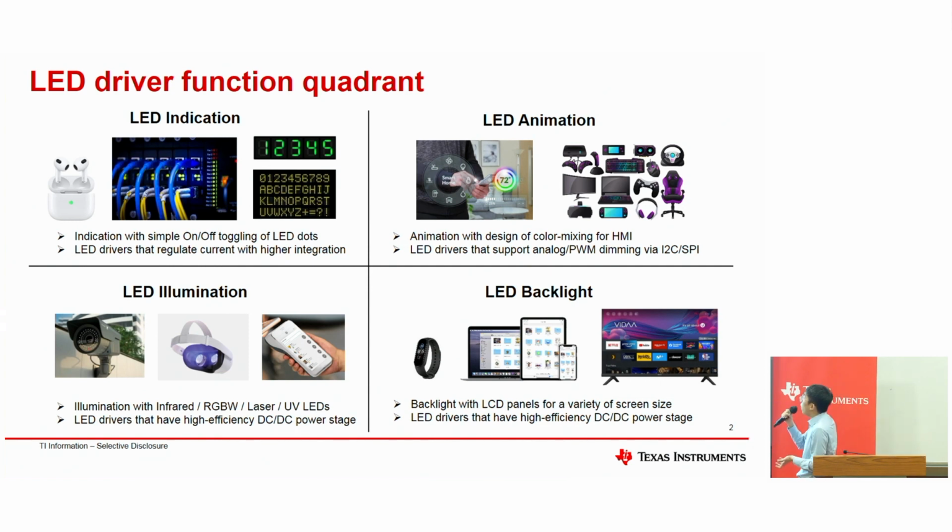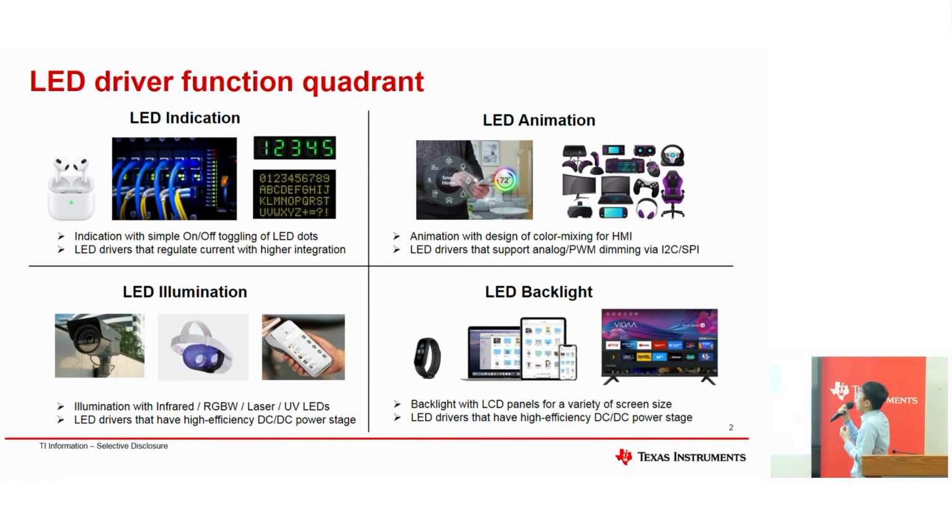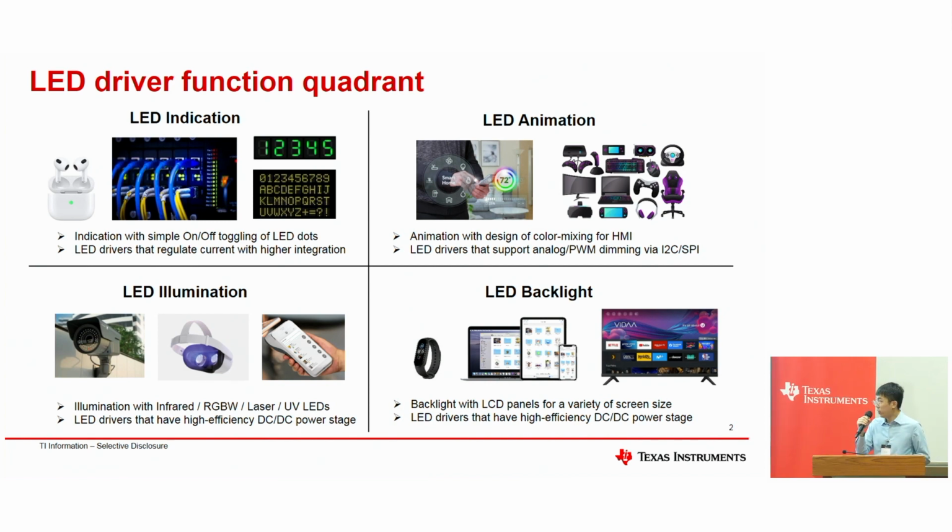For those simple on-off indications, our LED driver will only do the on-off control of the output channel, mostly targeting to replace the discrete solutions you're probably building right now with the GPIOs of the MCUs or with some parallel resistors to control or limit the current. Compared to those discrete solutions, our LED driver solutions have higher integration and more comprehensive diagnostics and LED current control. That is our value regarding LED indications.